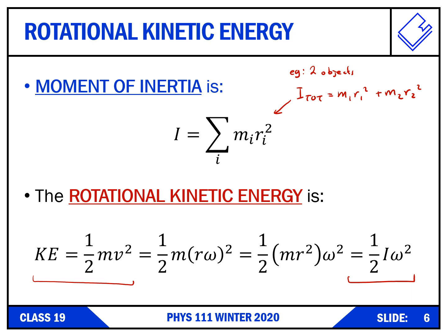And the important thing to remember here is that once we move on to rolling motion in the next few lectures, the total kinetic energy is going to be the translational kinetic energy plus the rotational kinetic energy, because an object that's rolling down and is in motion is both going to rotate and have rotational kinetic energy and also be moving, which means it has translational kinetic energy.